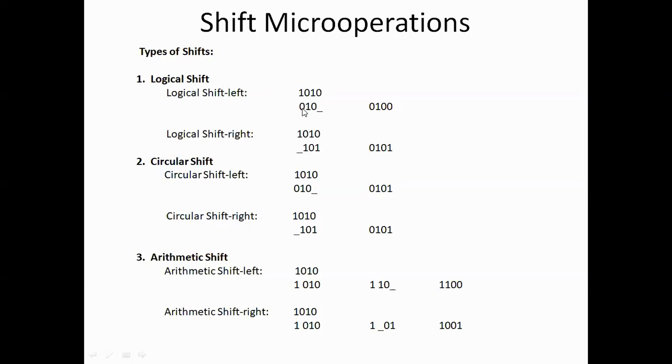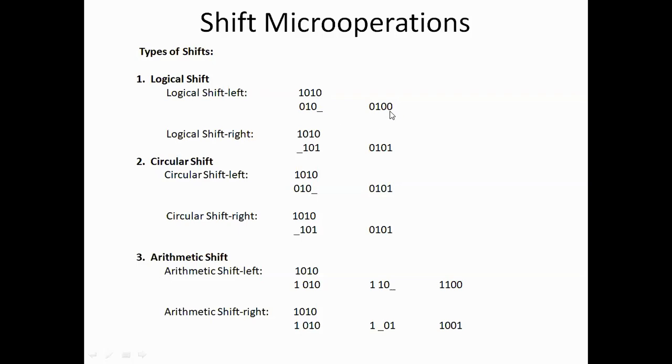So it will become 0 1 0, and this position will now become empty, right? In this position we have to insert something. If this is a logical shift, here we insert 0.